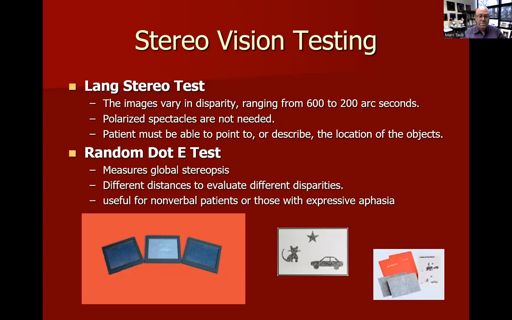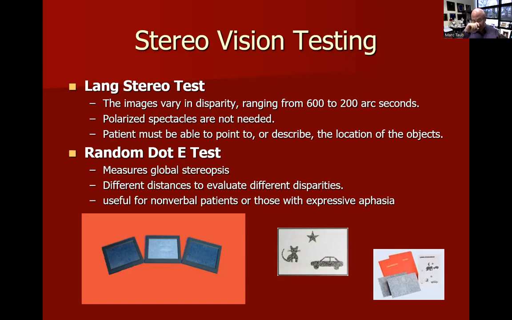For the stereopsis, I don't necessarily love the Lang stereo test. That's the second test, the two pictures on the right of your screen. I personally find the test very challenging and the pictures are really hard to discern. Of course you can do a traditional stereo test, but if the patient has sensory issues and they don't like putting on the glasses, these are the ones that you would use.